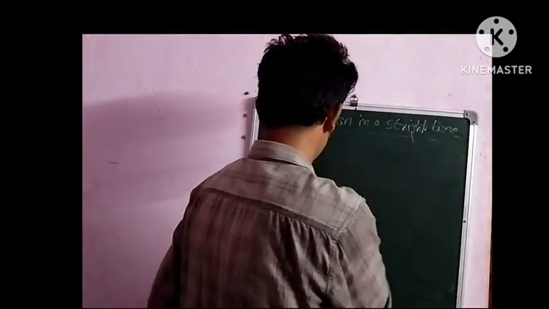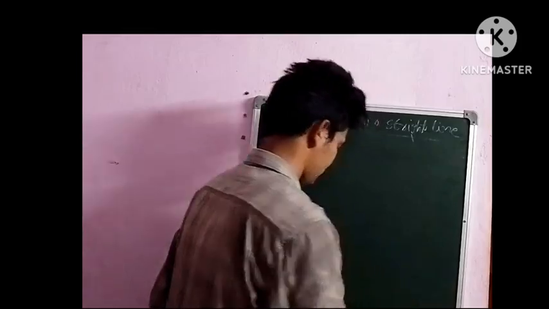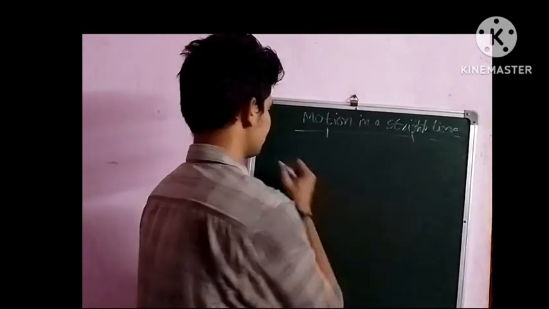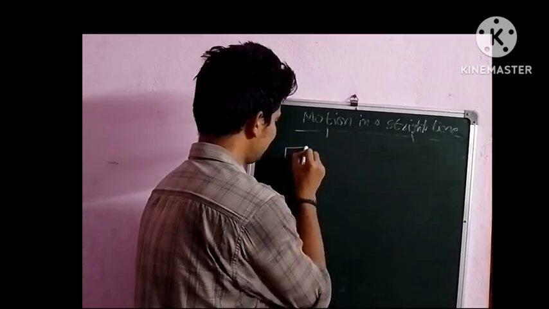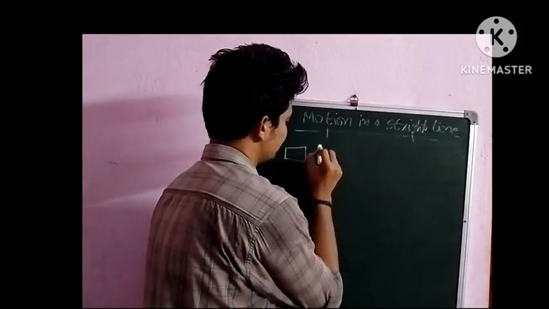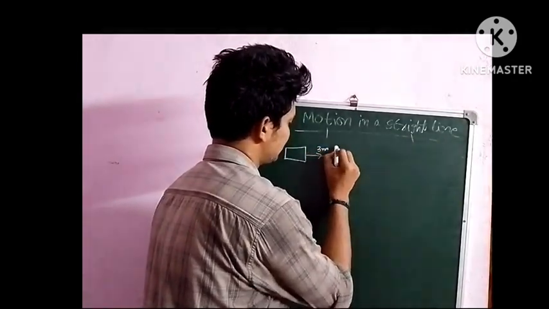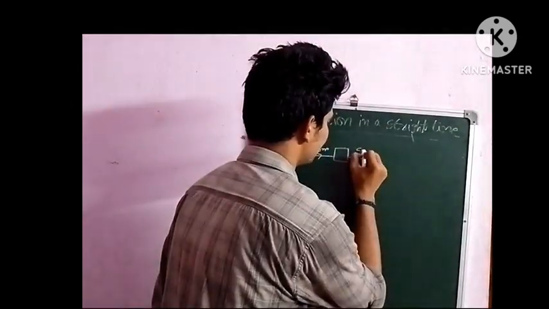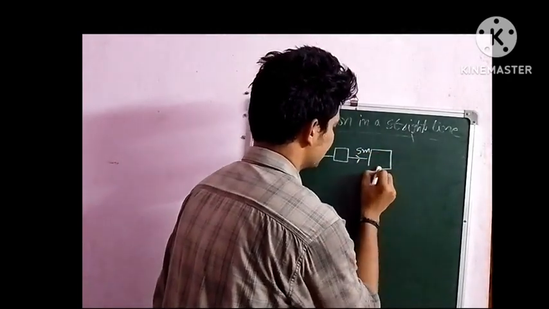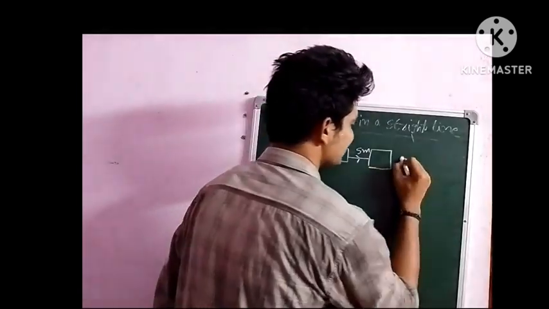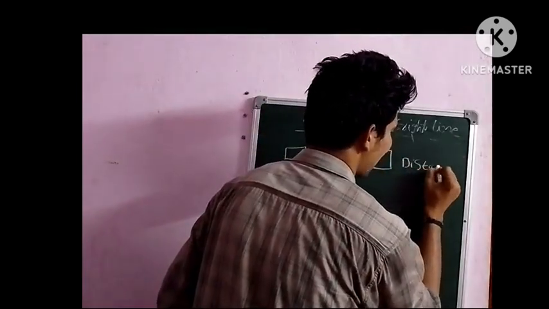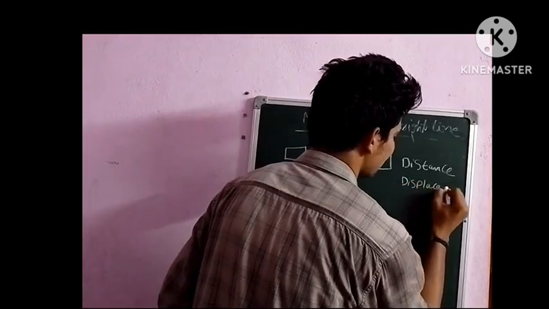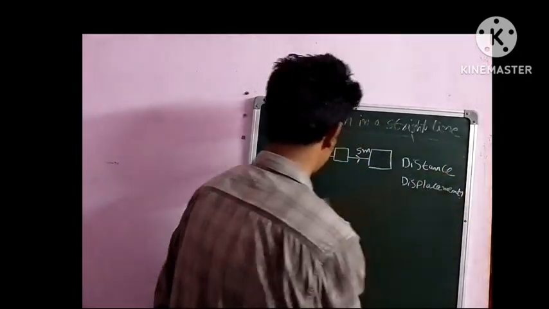We should take some examples for better understanding. This guy travels 3 meters from this position to that position, and another 5 meters. What is the distance as well as displacement?